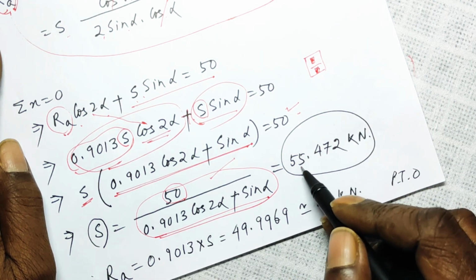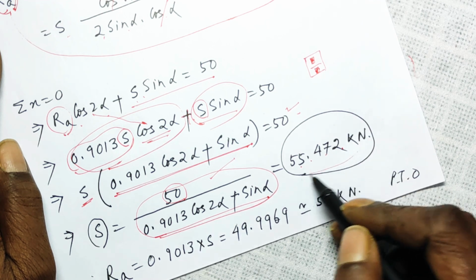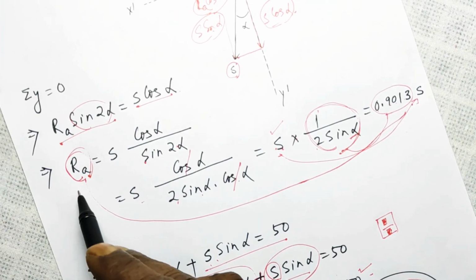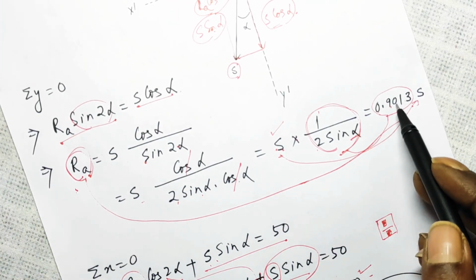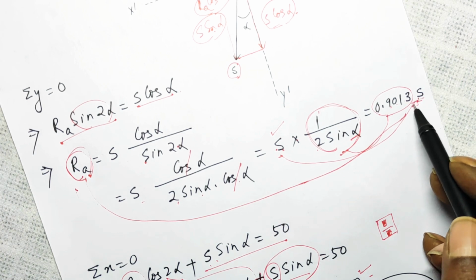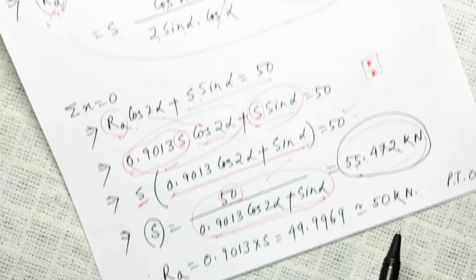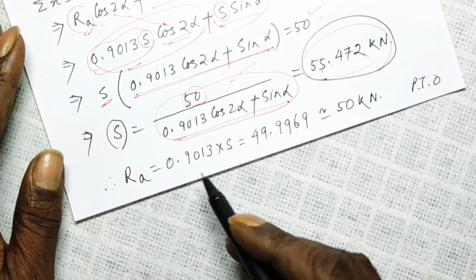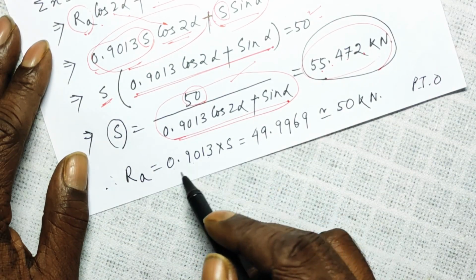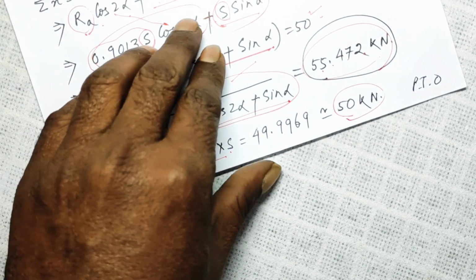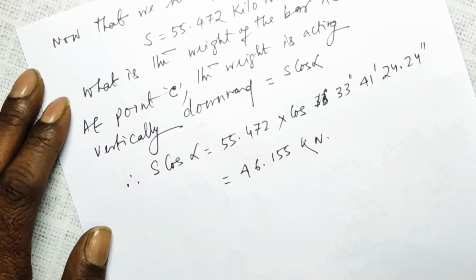It comes out to be 55.472 kilonewton. Now since S is found out and your RA, which I just explained as 0.9013 times S, put the value of S, so RA is found out. So RA is equal to 0.9013 times S, so put the value of S, so this comes out to be exactly 50 kilonewton.